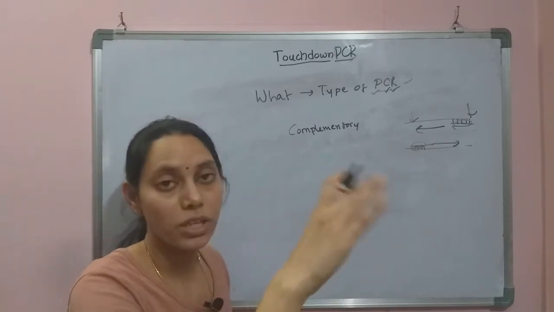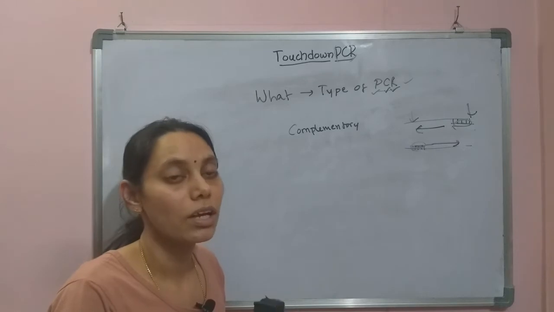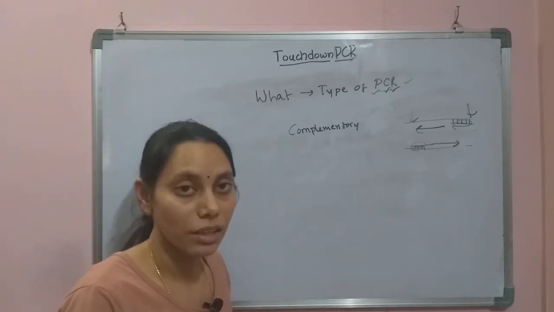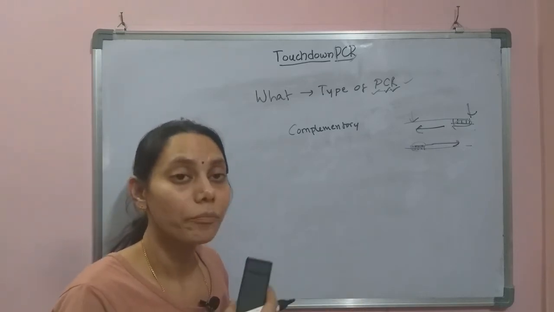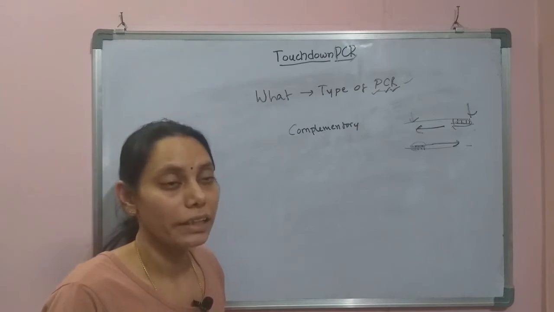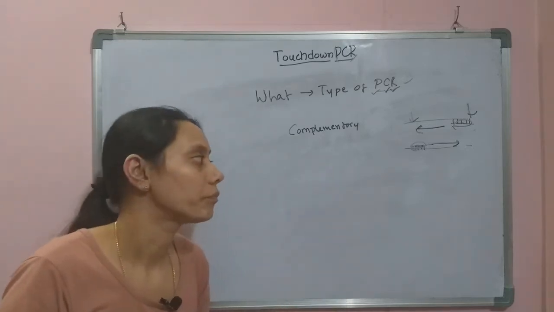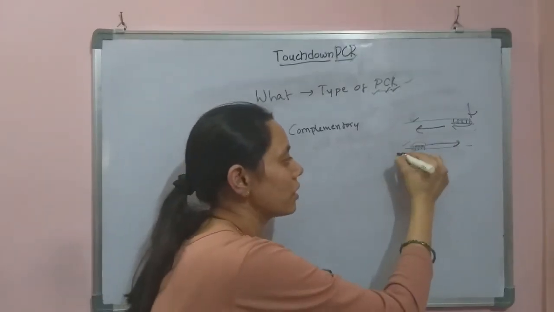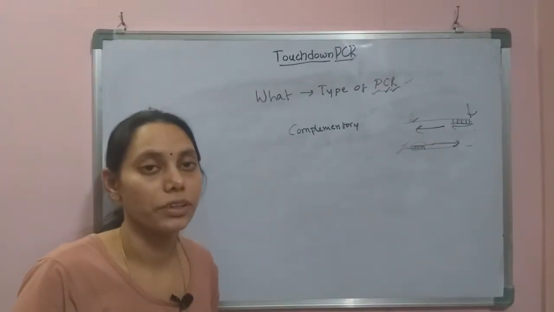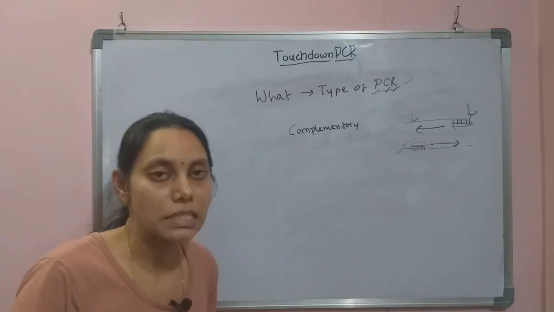One forward primer and one backward primer will be there. They both bind with the target sequence, and there they amplify the DNA. So the complementarity between the primer and DNA is an important factor for the initiation of DNA synthesis.